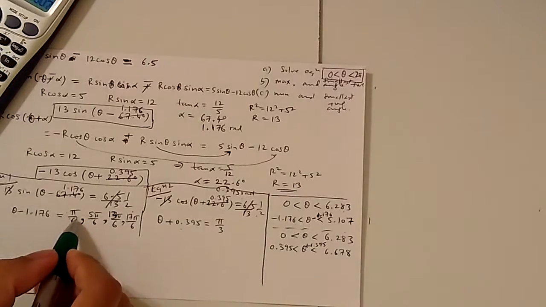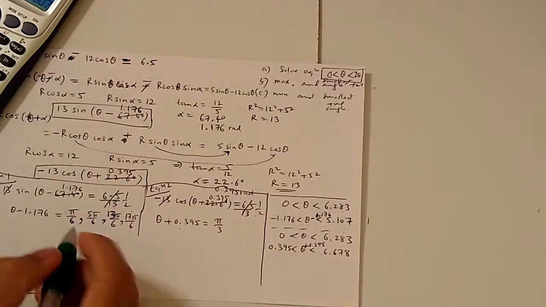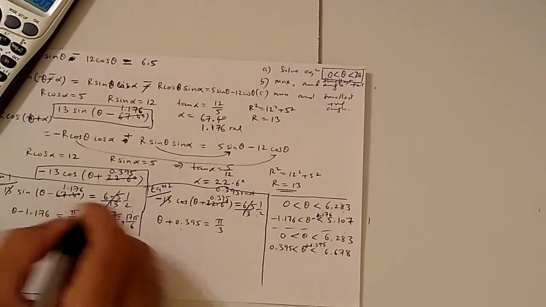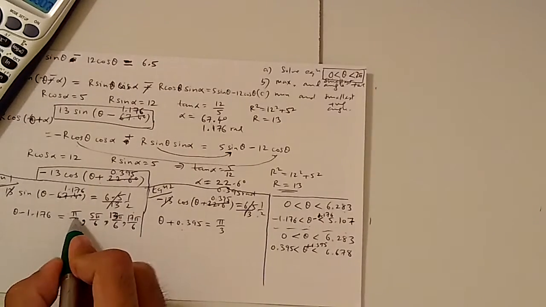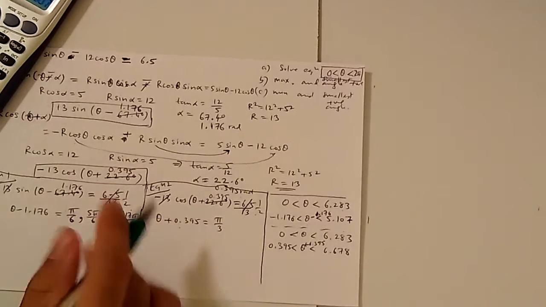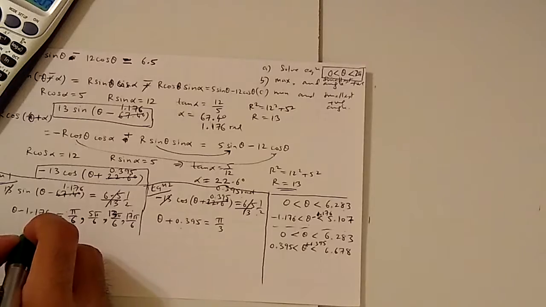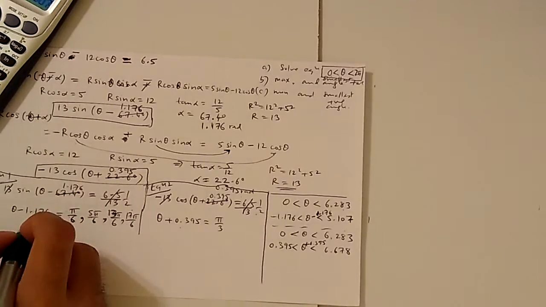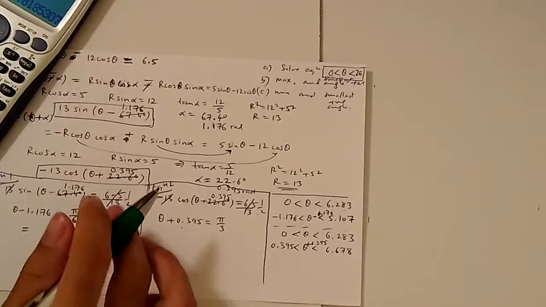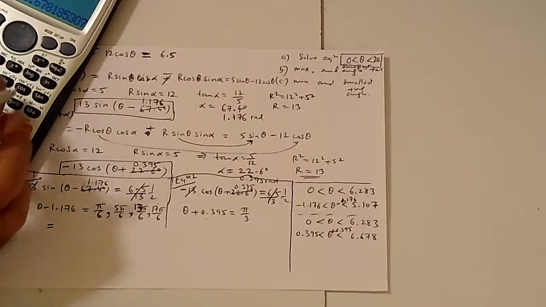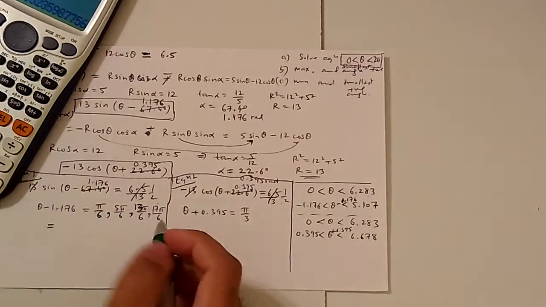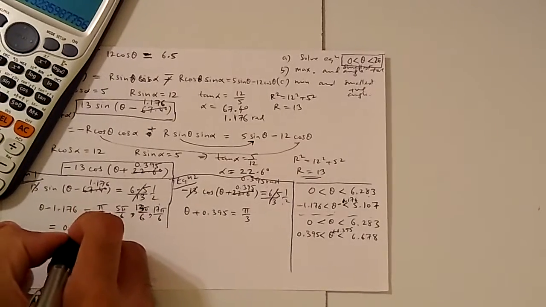If you subtract 2 pi from this, you'll get something that is definitely going to be out of range, and subtracting 2 pi from this is also going to be out of range. You can still write them down and try to see whether they actually are in the range, but for the timing I'll just continue with the numbers that I have over here. So I have pi by 6, and that is 0.524.